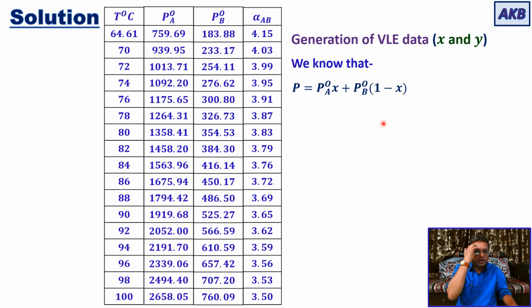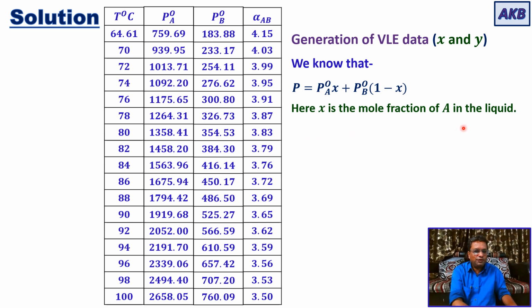We know for the ideal case where you have an ideal liquid solution, and the resulting vapor mixture is also ideal, and when they are in equilibrium with each other, you can apply Raoult's law. So using that concept, you get P, the total pressure, as PA naught into X plus PB naught into 1 minus X. Here X is the mole fraction of A in the liquid, and A is the more volatile component, which is methanol.